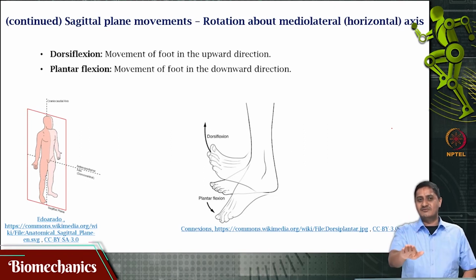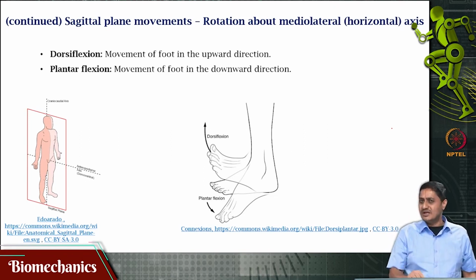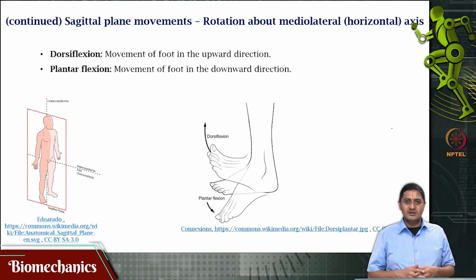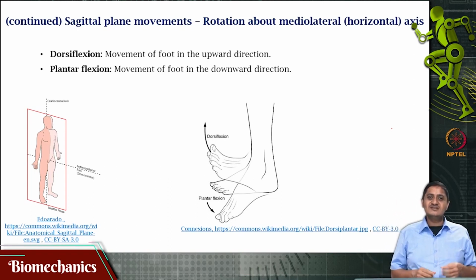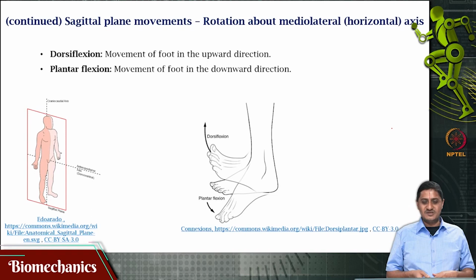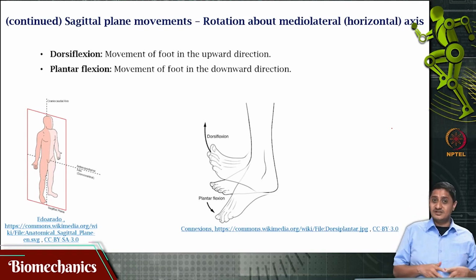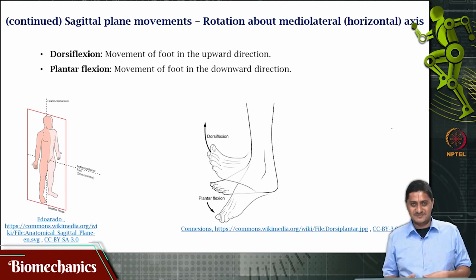When that is happening, you would normally call that flexion, but biology is so special that exception is the rule in biology. Here we do not call it flexion, rather we call it dorsiflexion.